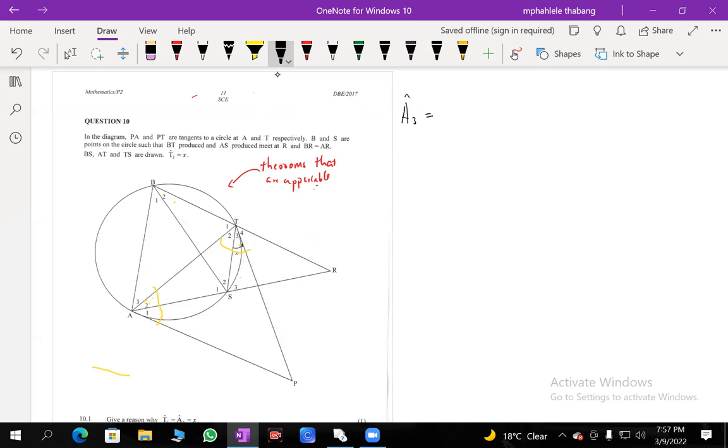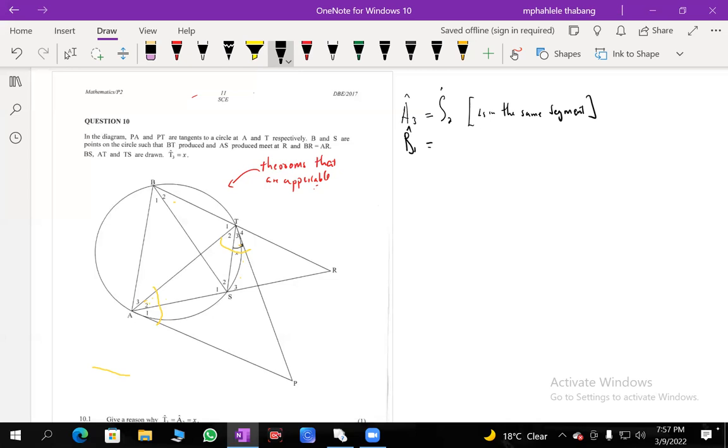Angle S2. Great. Angle S2. Angles subtended by the same chord or angles in the same segment. You are very smart. Angle B1 is which angle?